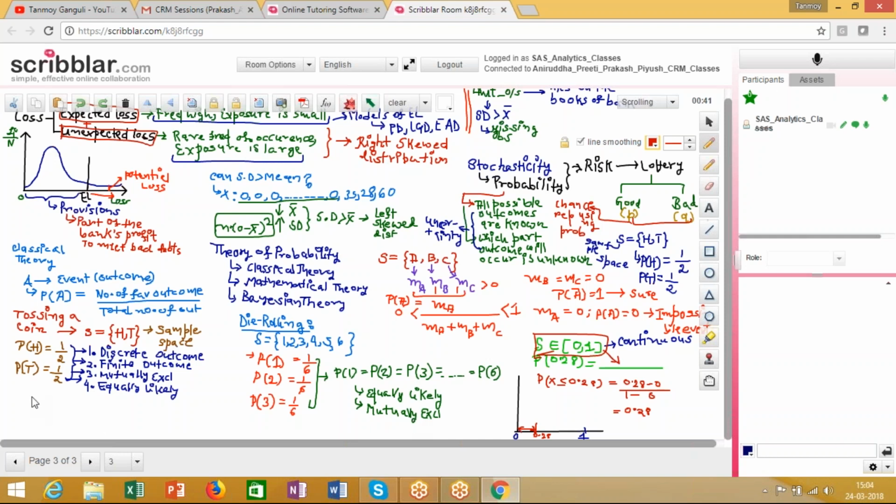There is candidate A, there is candidate B, and there is candidate C. All three of these people have appeared for their interviews. Now, given that they have appeared for their interviews, the next thing is that there are two vacancies. So these three candidates have come up for an interview for two vacancies.